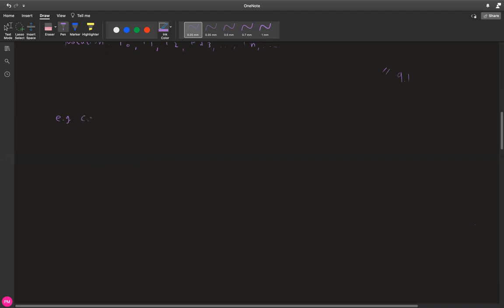So let's start with the first one. Consider our sequence defined by the following formula.